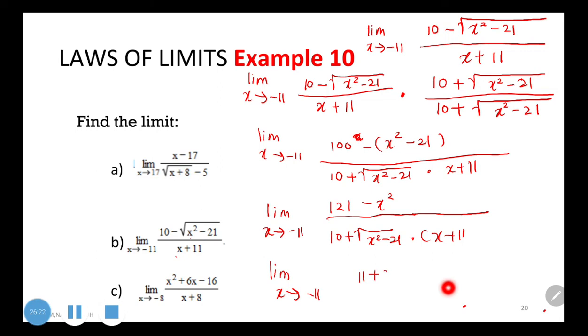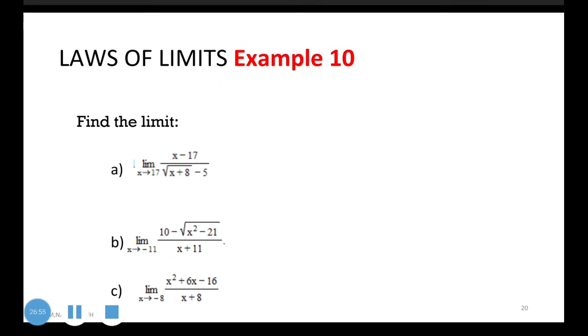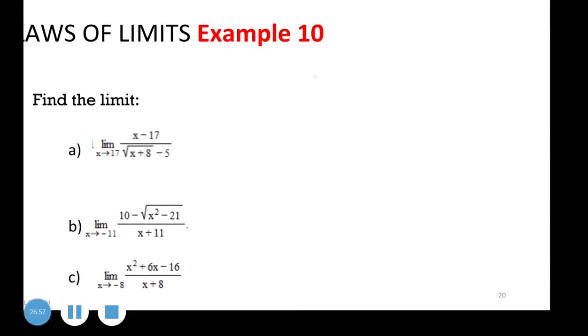And then you can factor it like this. Okay, and then you will get this.